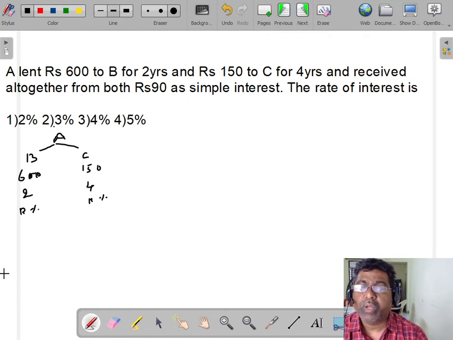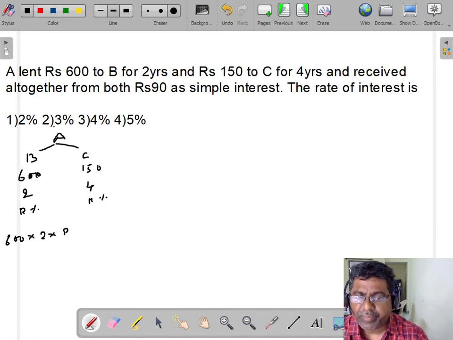SI is equal to P into R into T by 100. From B, the interest is 600 into 2 into R by 100. This is the interest from B, plus the interest from C also, 150 into 4 into R by 100.